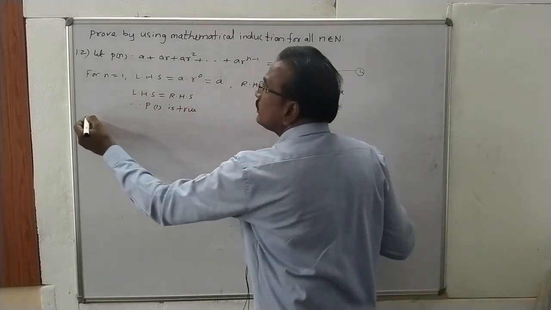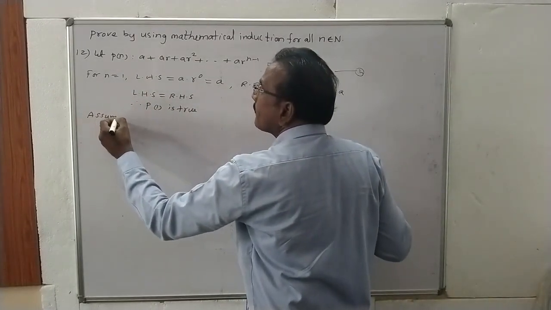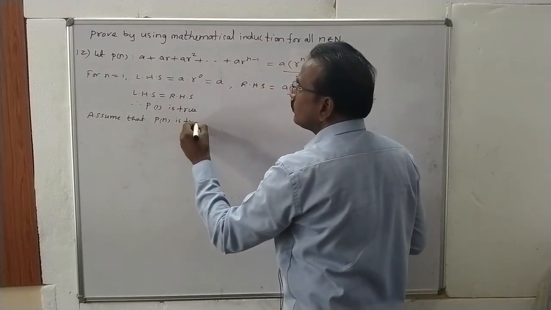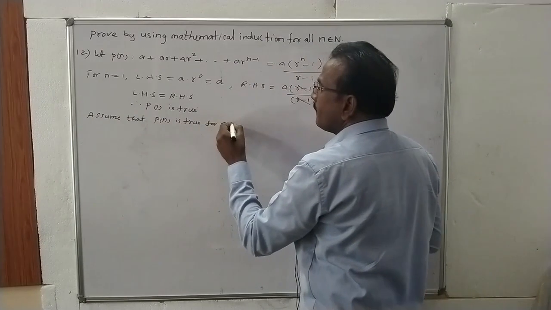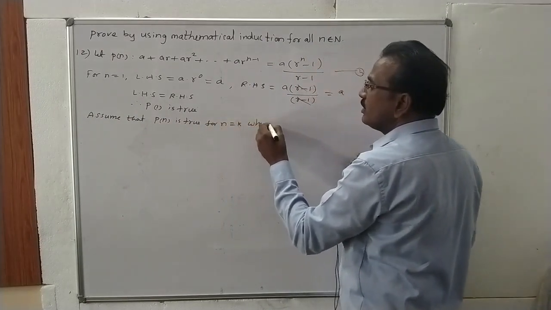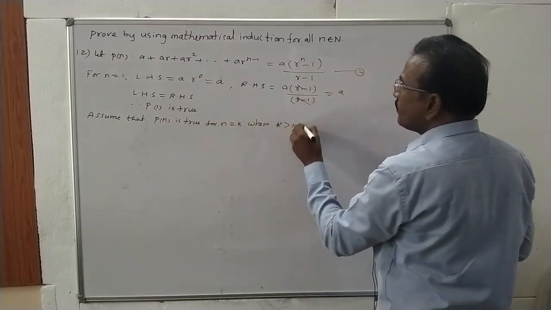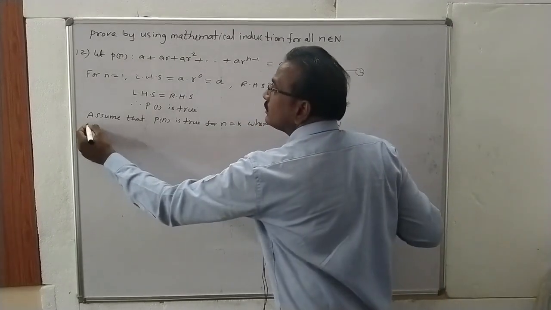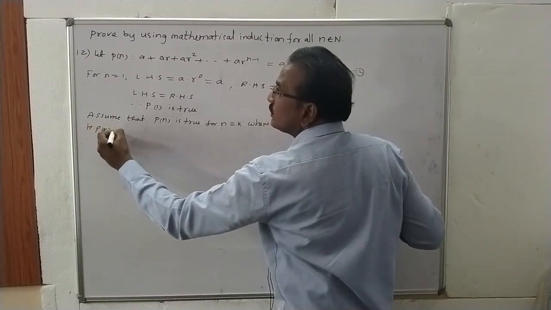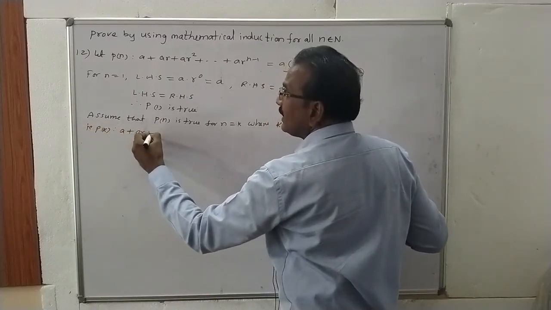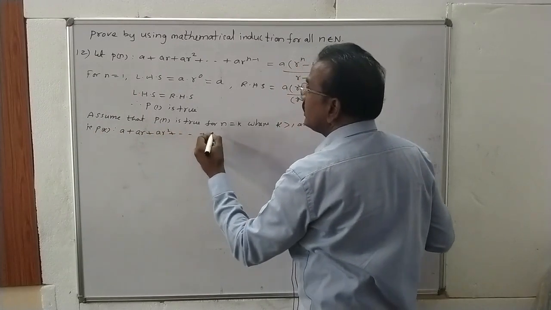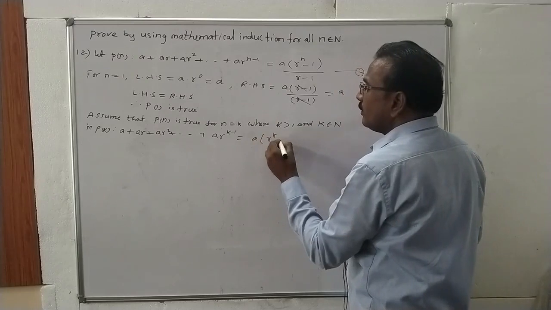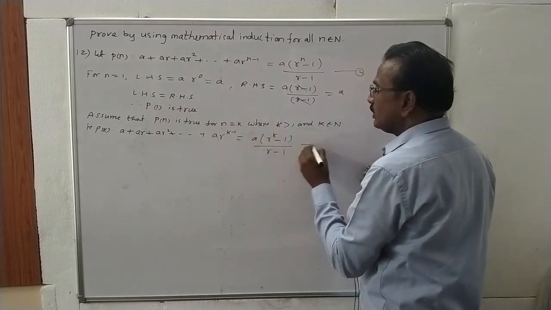Next, assume that P of n is true for n is equal to k, where k is greater than 1 and k belongs to natural numbers. That is, P of k is a plus ar plus ar square plus dash dash a into r power k minus 1 is equal to a into r power k minus 1 divided by r minus 1. That is equation 2.